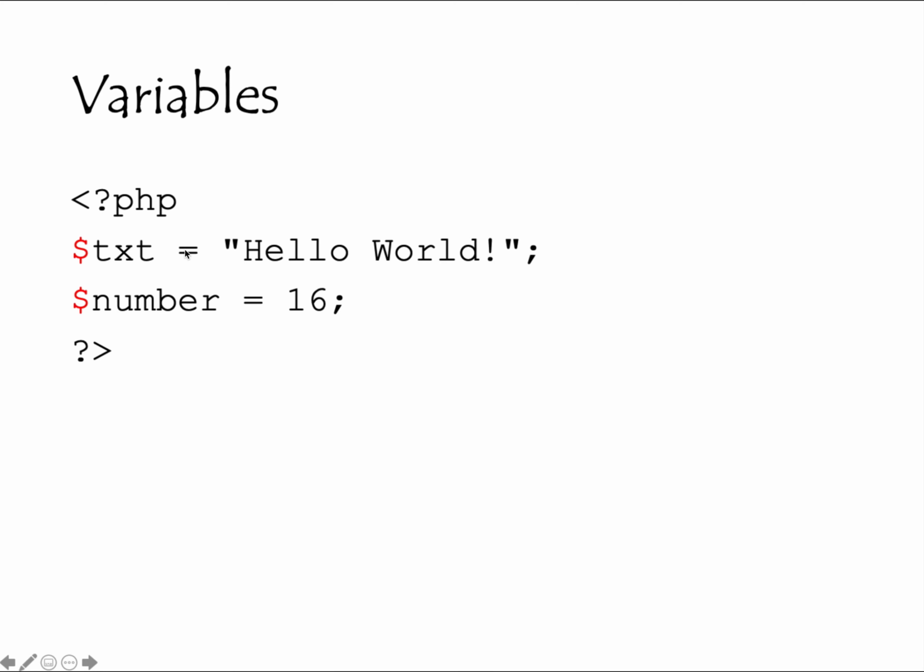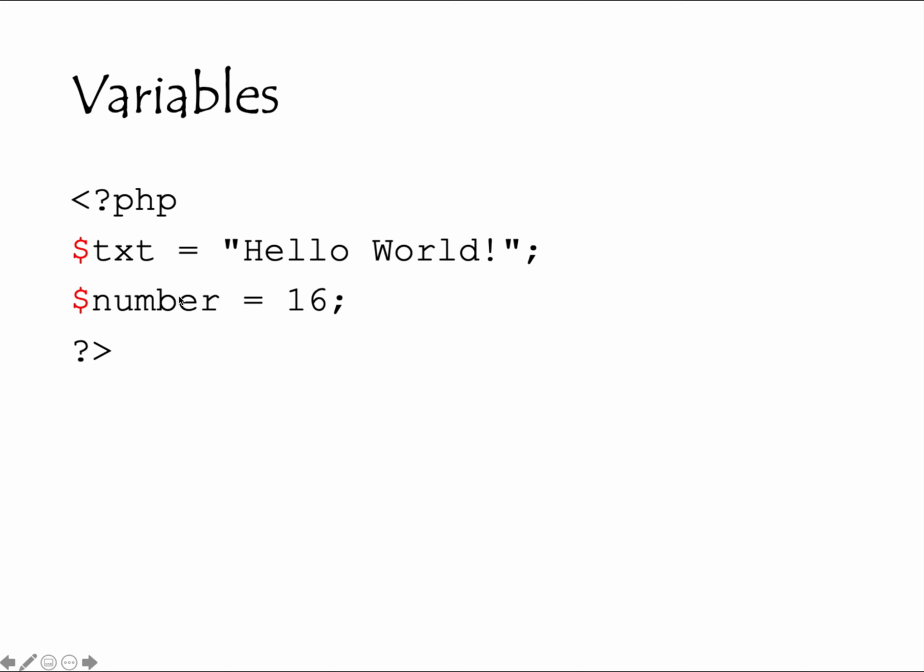This equal sign is a kind of assignment. We are assigning those values to this txt variable. Hello world is a text value, and we are storing this value in this variable. Numeric variable: in this case, $number. This is a numeric variable, and we can store the numeric value 16 in this variable.